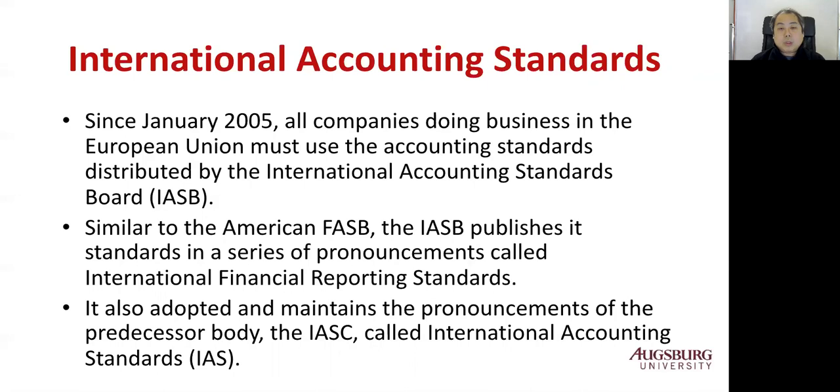So this is also called international GAAP. Similar to the American Financial Accounting Standards Board, the IASB published its standards in a series of pronouncements called International Financial Reporting Standards, IFRS. So IFRS is the international GAAP.